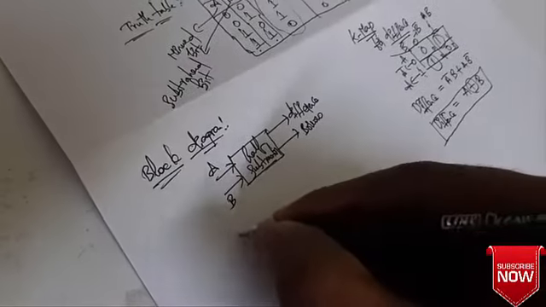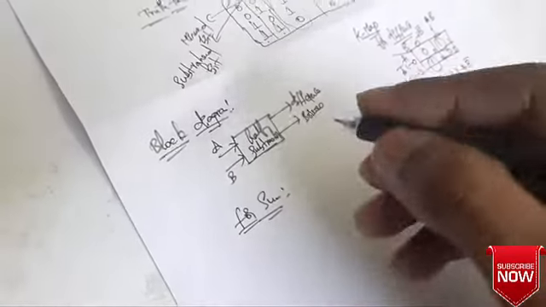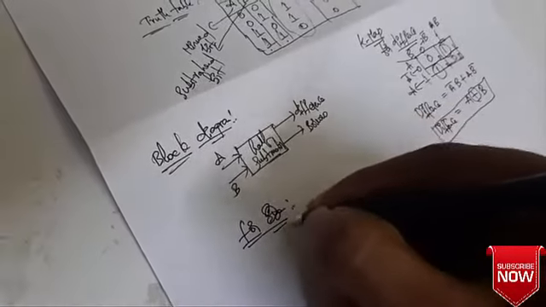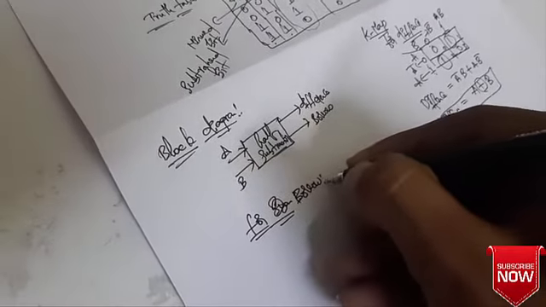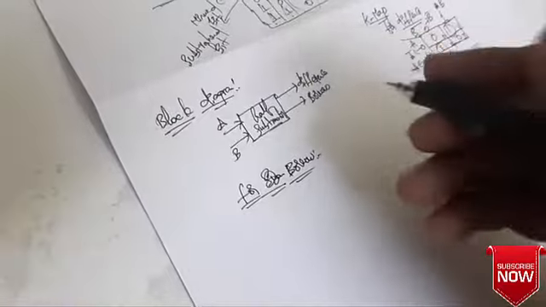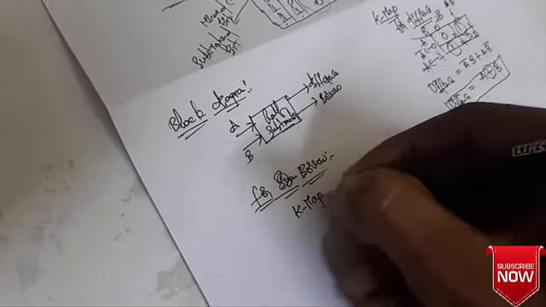Let's see for borrow. Now take the K-map for borrow.